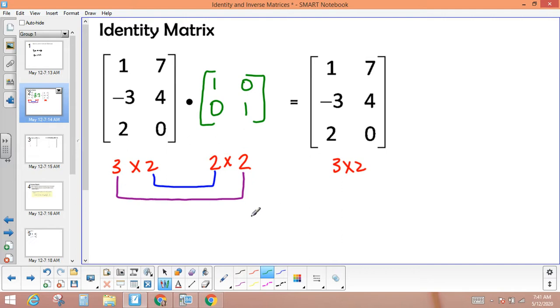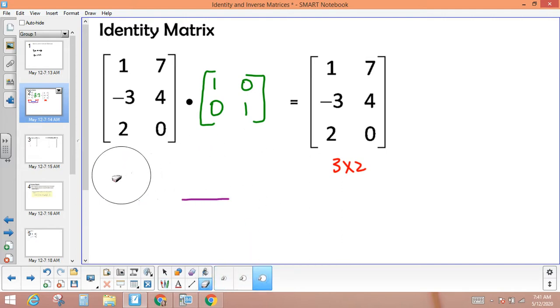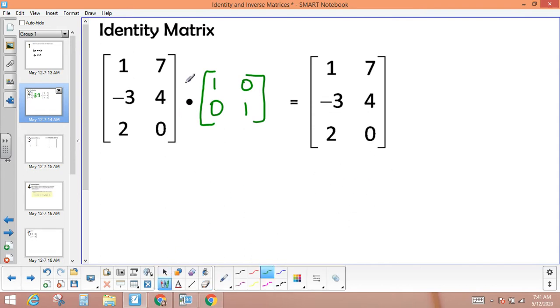I'm going to clean this off and work through all of the multiplication so that you see that it really does work for the whole thing. You've already watched a video on multiplying matrices, so I'm going to explain what I'm doing as I go, but I'm not going to color code and belabor it too much.